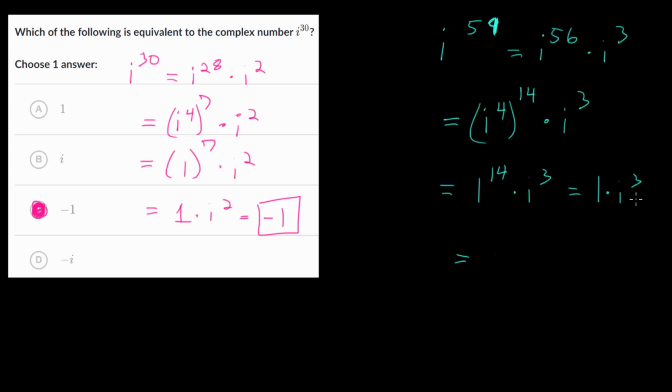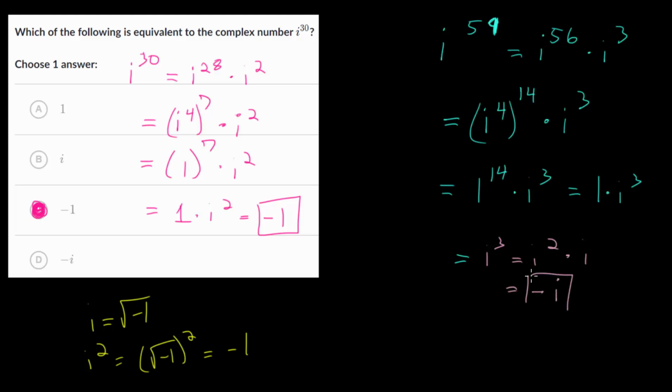And if you forget what i cubed is from the cycle, you really just need to remember the two main ones: that i is the square root of -1, and when you square a square root, they cancel each other, and we just get back -1. So back to this problem, i cubed is really just i squared multiplied by i, and we know i squared is -1, so this just becomes -i.